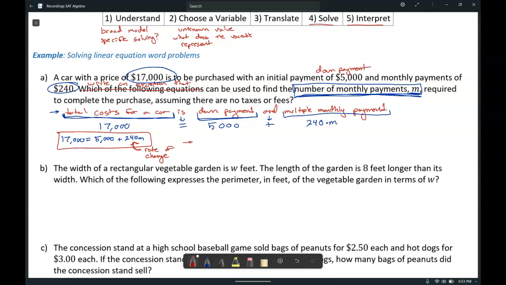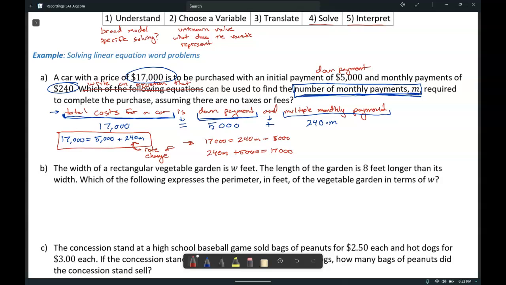For example, I could rewrite the equation as 17,000 equals 240M plus 5,000. We could use that to represent our situation, or we could adjust it in various different ways and switch it all the way around: 240M plus 5,000 equals 17,000.